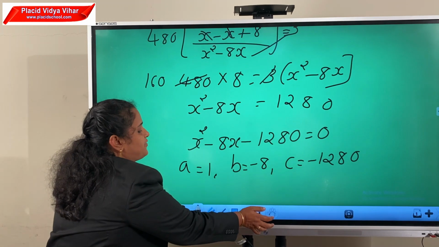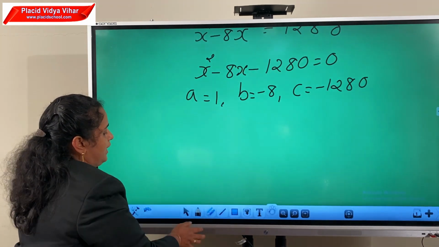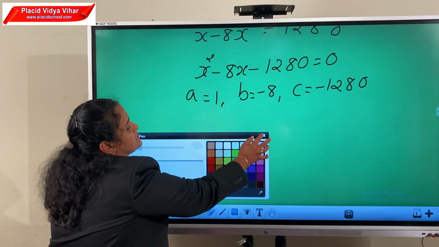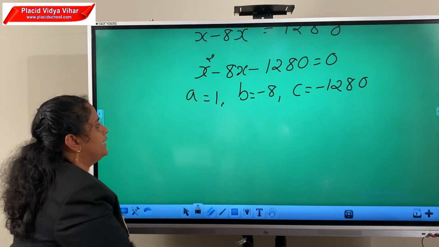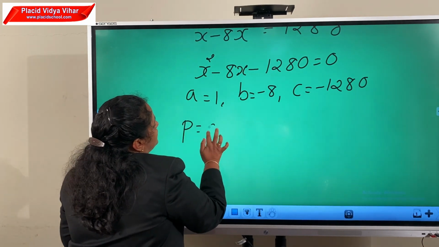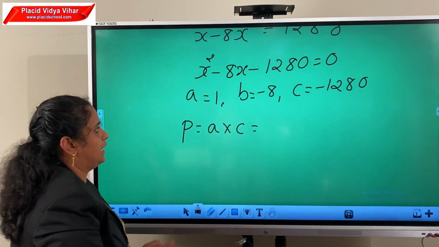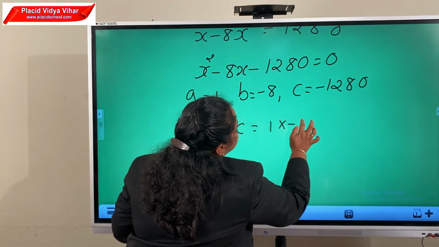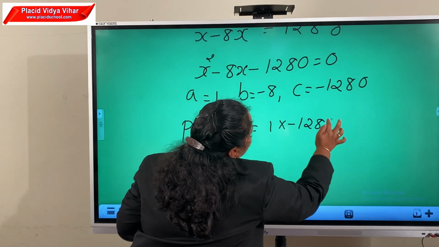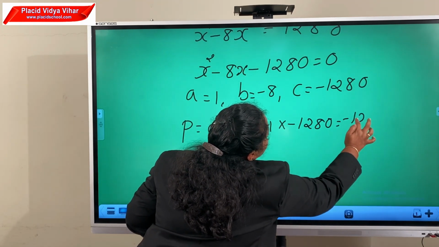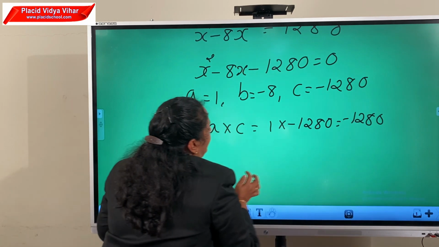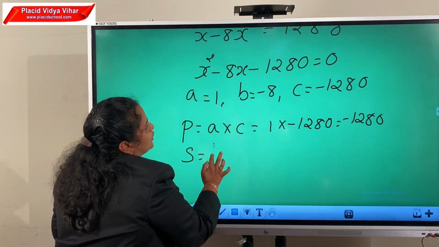When we are using the factorization method, the product of the two numbers is a into c. A is equal to 1 and c is minus 1280. The product is minus 1280 and the sum is equal to b.